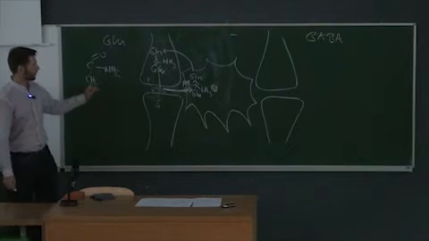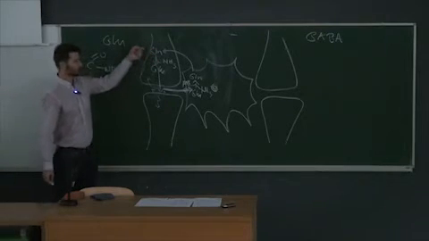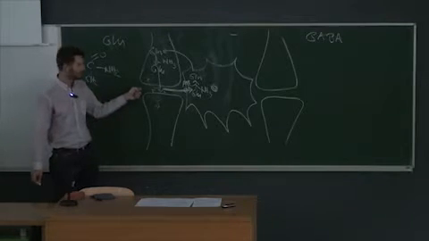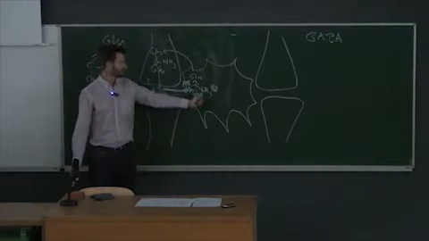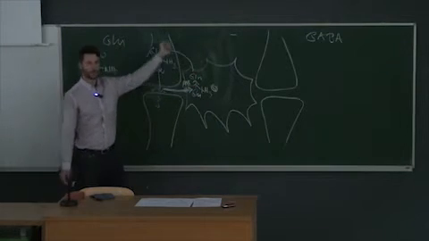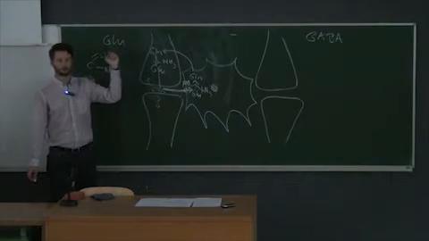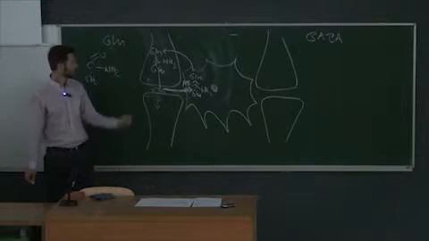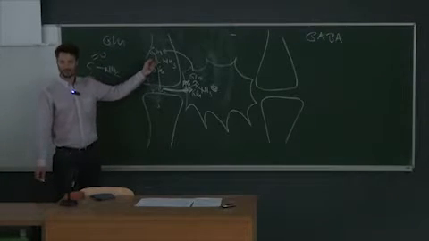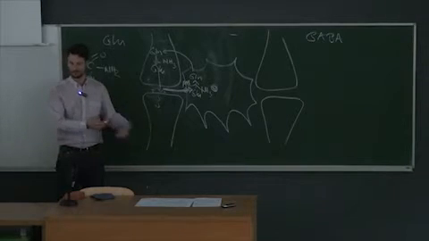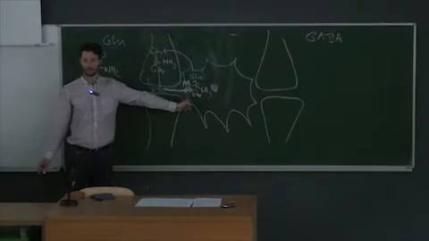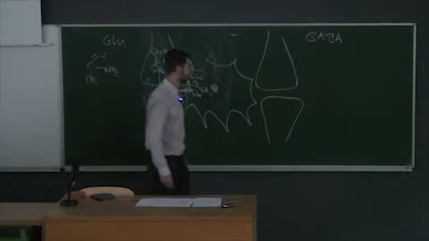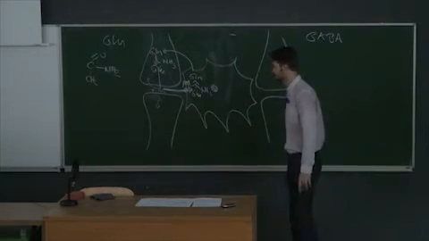So now we have a nice cycle starting with glutamine, changed into glutamate, released into the synapse, taken up by the astrocyte, turned into glutamine again, re-exported into the neuron. Can you repeat the enzyme that does that? This is glutaminase, so an enzyme decomposing glutamine, glutaminase. And this is glutamine synthetase. So that's one half of the system.